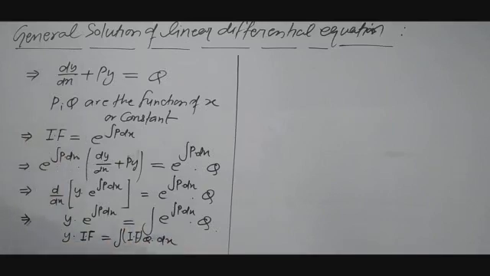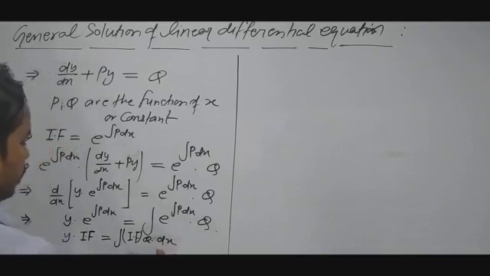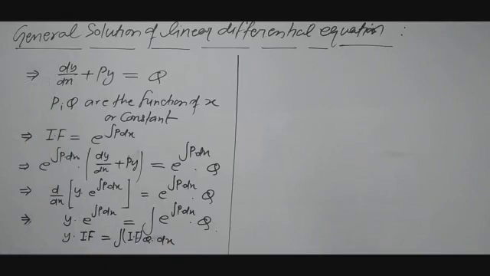So this is the format, and this is the required general solution. And after integration you will add a constant, or arbitrary constant. Now the result will be plus C.